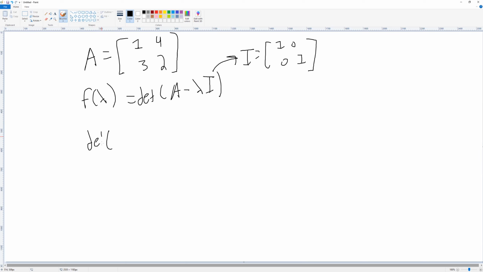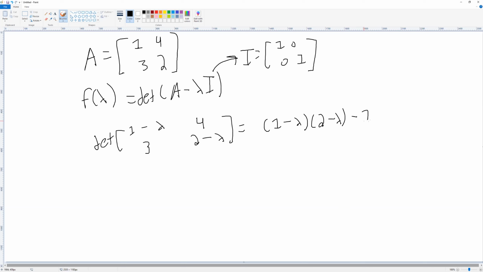the determinant of 1 minus lambda, 4, 3, 2 minus lambda, which equals 1 minus lambda times 2 minus lambda, minus 12.